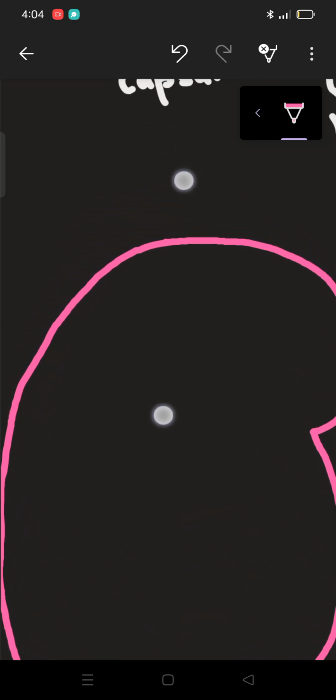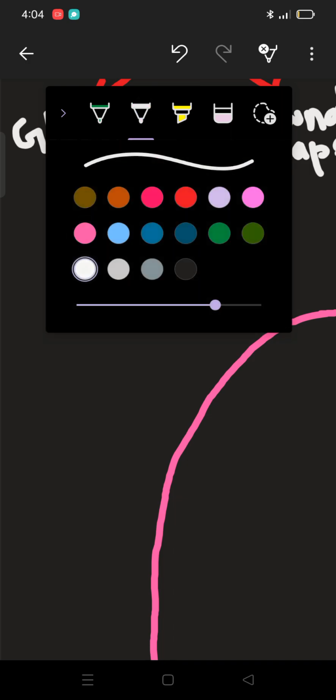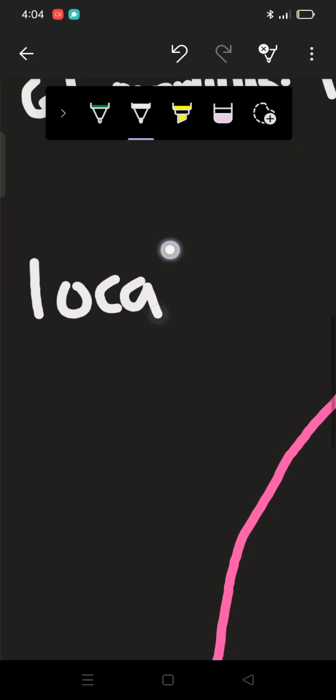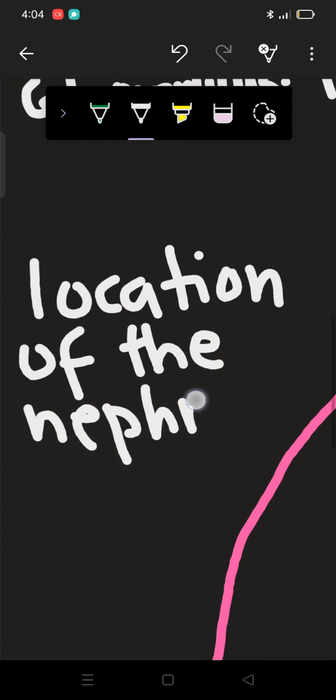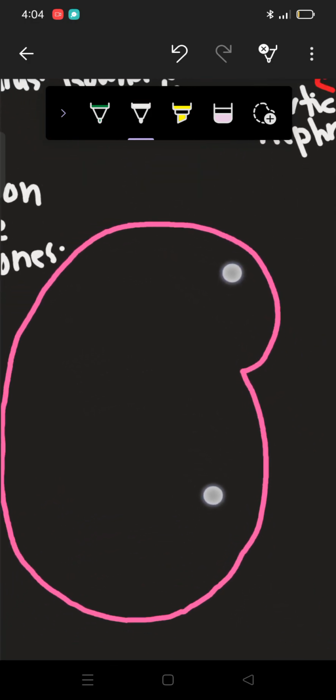This is the kidney I do have. Here we are talking about the location of the nephrons, like where the cortical nephron is present and where the juxtamedullary nephron is present.